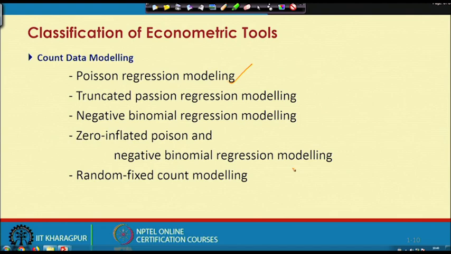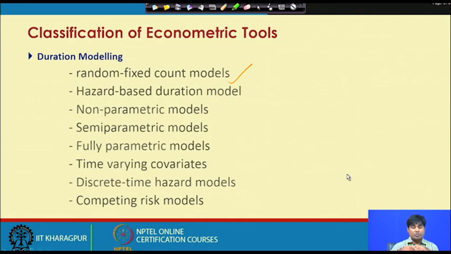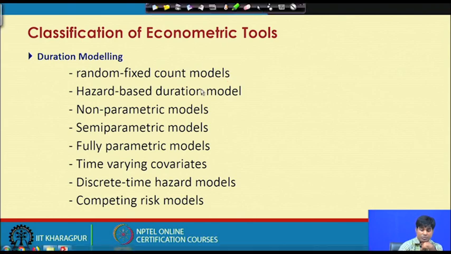Then ultimately we will move to another kind of structure called duration modeling. In duration modeling we have a couple of different models. The first one is the random fixed count models, hazard versus duration model, non-parametric models, and then semi-parametric models, fully parametric models, time varying covariates, and then discrete time hazard models, and finally competing risk models.